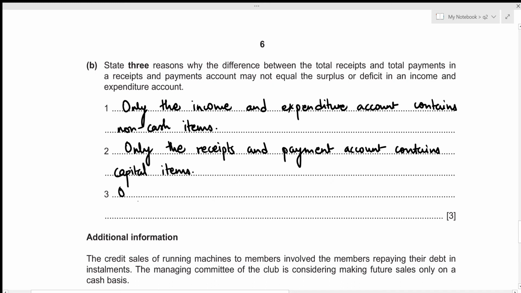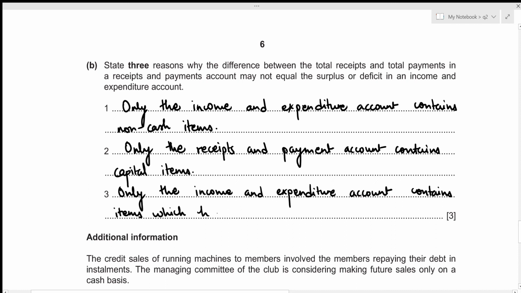Only the income and expenditure account contains items which have been adjusted for prepayments and accruals.